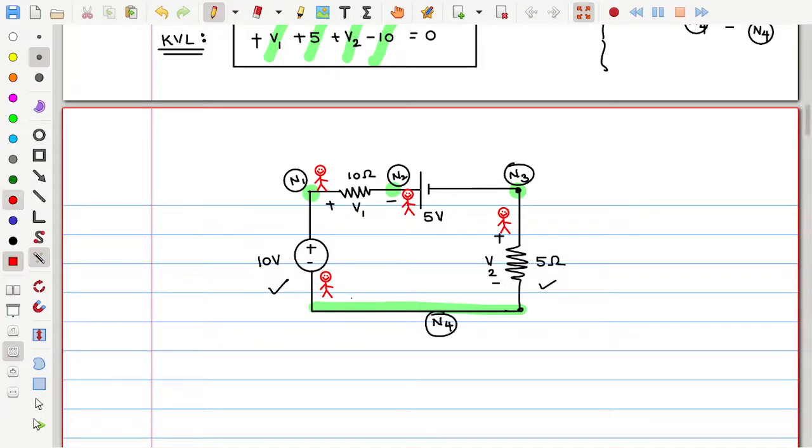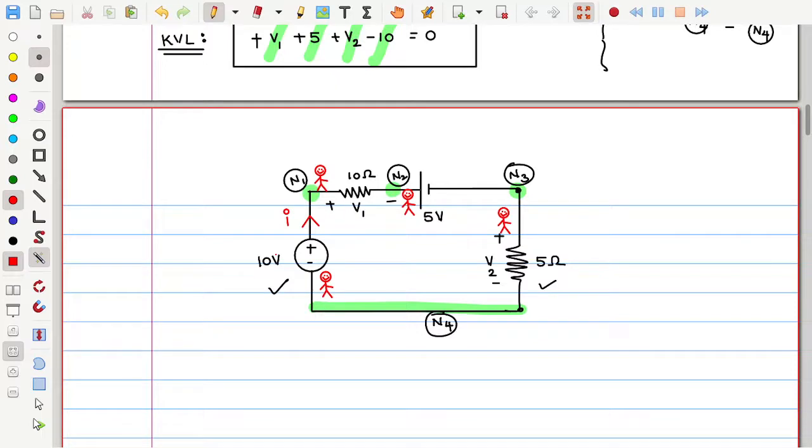I will assume some current is generated by this voltage source. Let us say some current I, a general current. How much is that value? I don't know, but as of now let us assume that some current is generated by this 10 volts voltage source.